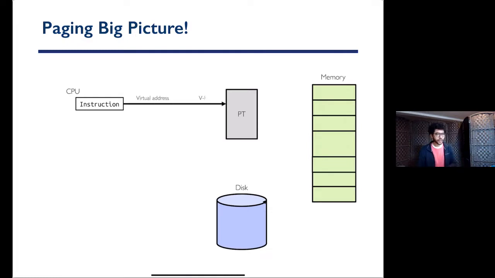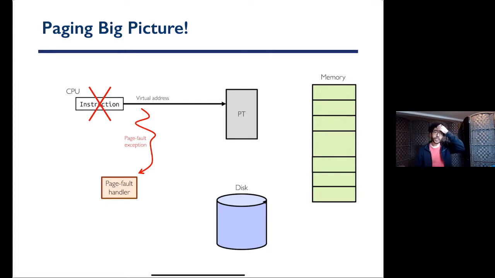Let's say your CPU executes an instruction that creates a virtual address. You go to your PTE, you find your physical page number, you get your offset, and you find the byte that you want in physical memory. Now, let's say next time you get an invalid page table entry.